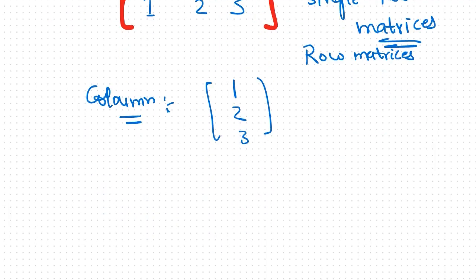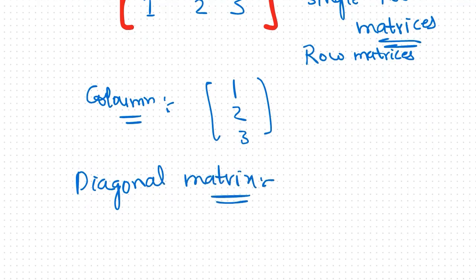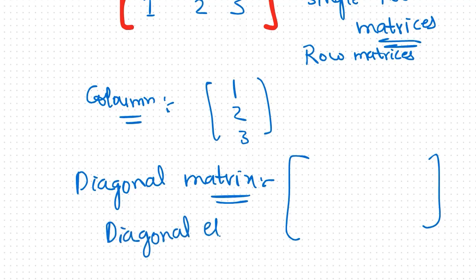There's also one more thing, the diagonal matrix. In a square matrix, only the diagonal elements are present. If it is only 1, 1, 1 diagonally, it will be the identity. But what if they are not always 1? Let's say 1, negative 1, 2, 3, whatever number.